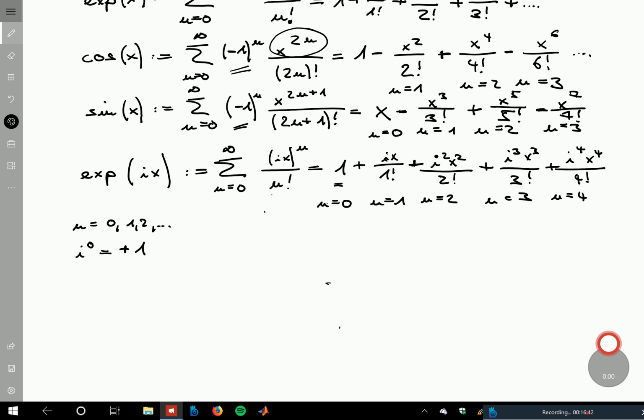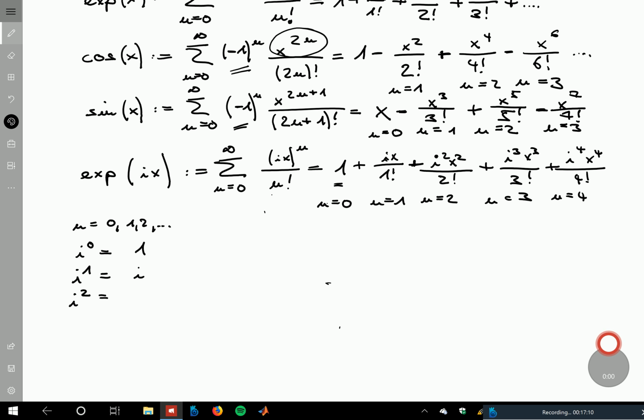Then we have i to the power of 1, which is also clear, and I emphasize only that it's positive, although it's just an emphasis, so it would maybe even be better to not write that plus. i squared, then you all know what that is?